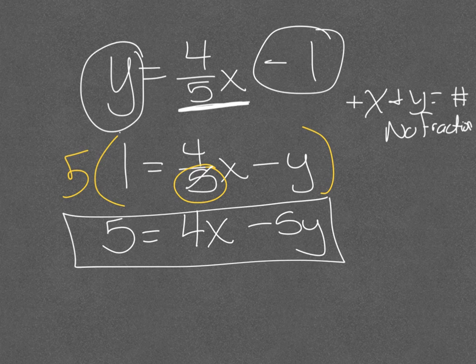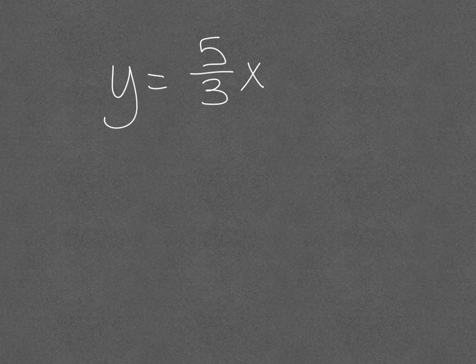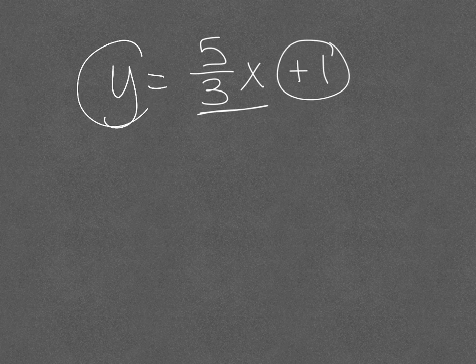Okay, let's do another. Converting to standard form is a little bit different, but it's not anything big. Y equals 5 over 3x plus 1. Again, my x is positive, so I'm just going to swap places with these two.